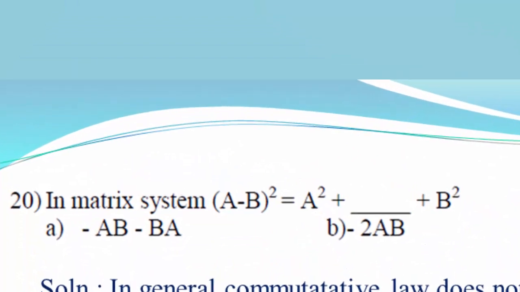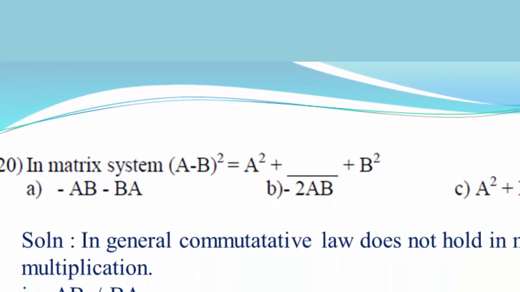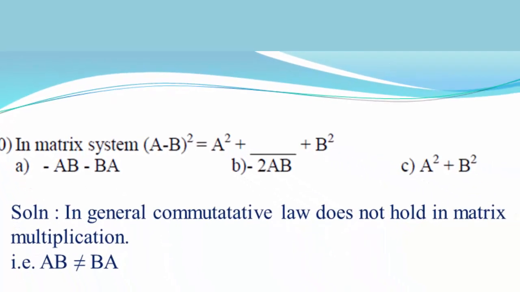Question number 20. In matrix system, (A minus B) whole square is equal to A square plus dash plus B square. So, students, here also the same thing follows: the commutative law does not hold in matrix multiplication. That is, AB is not equal to BA.